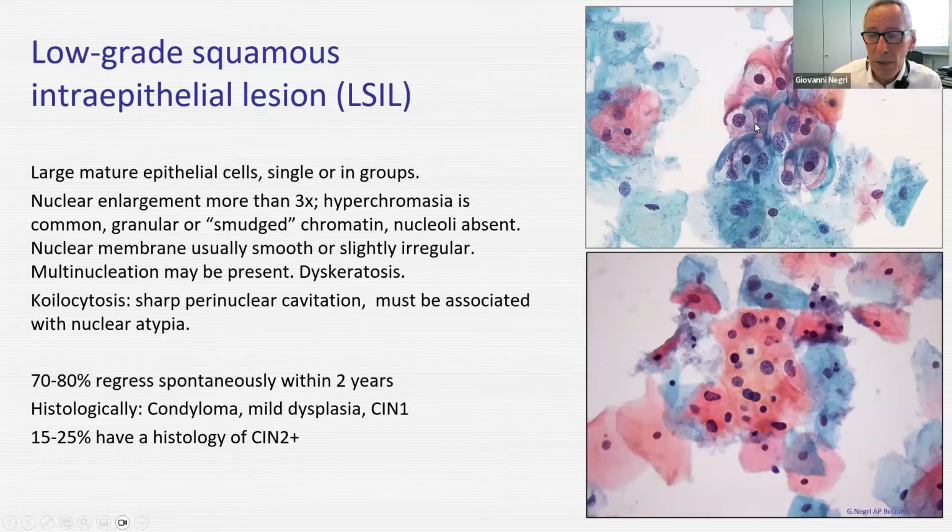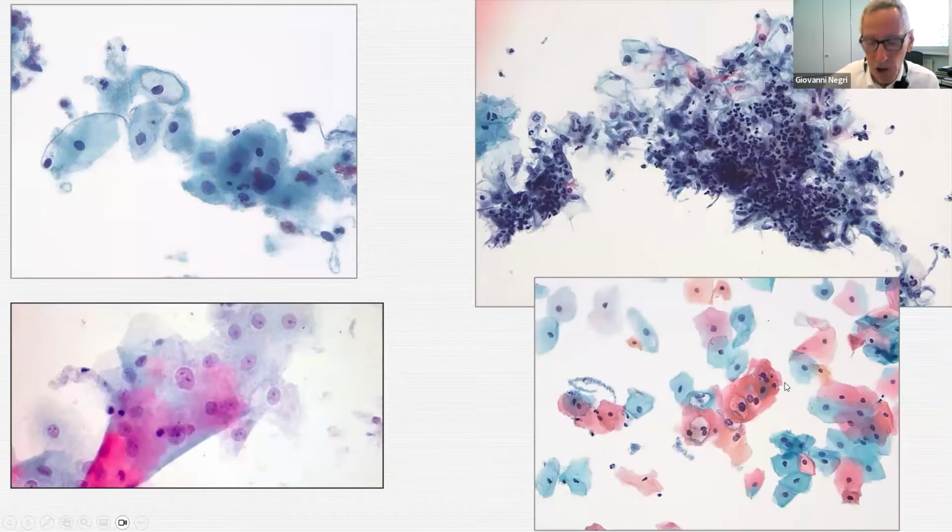So this is a quite simple diagnosis in most cases, and it's important to remember that most of these cases, about 80%, are going to regress within 2 years. Although some of these may already have a follow-up of high-grade lesion in histology. So the main differential diagnosis is, of course, with reactive changes.